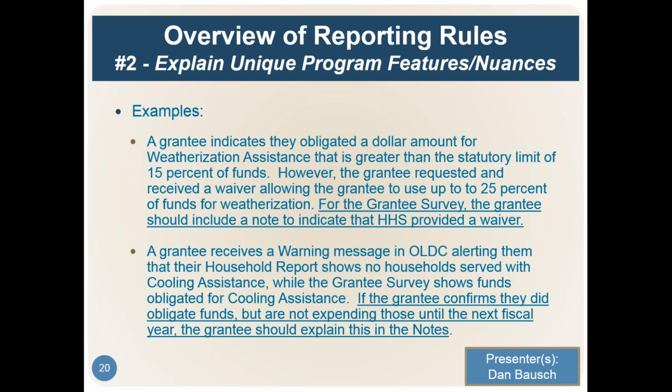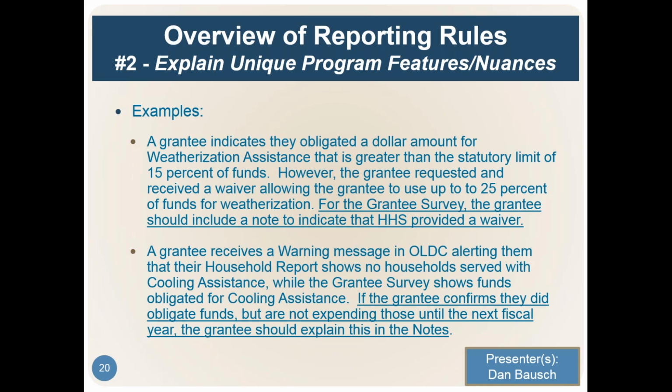And then the second example is there are automated warning messages that will appear in OLDC based on some validation checks the system performs on your form. A grantee might receive one saying that in your household report, you said there were 0 households that received cooling assistance, but in your grantee survey, you reported funds as being obligated for cooling assistance.